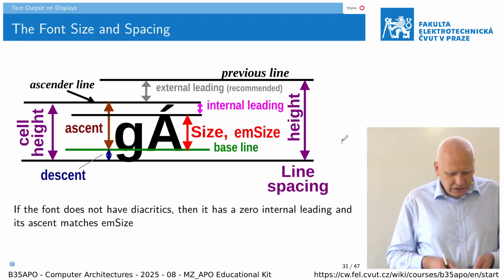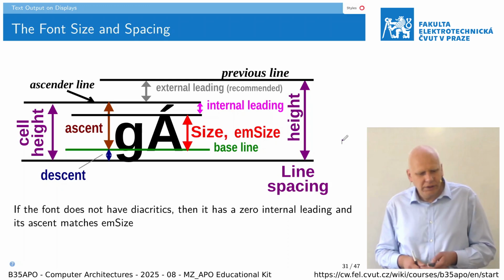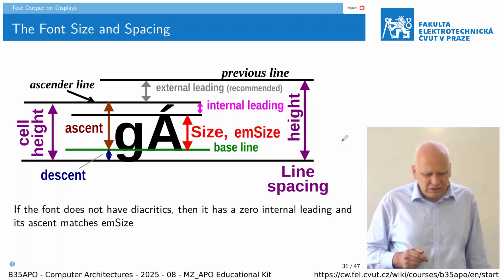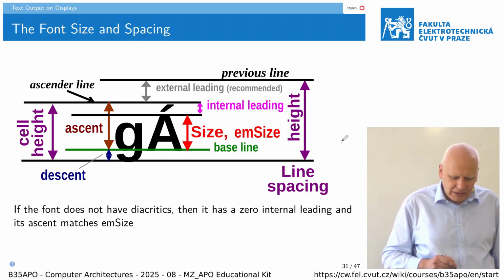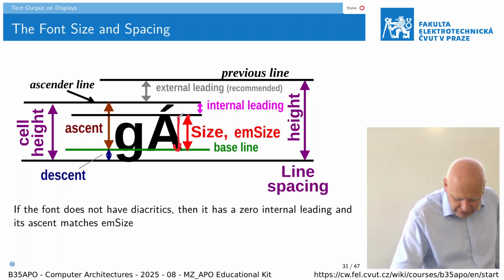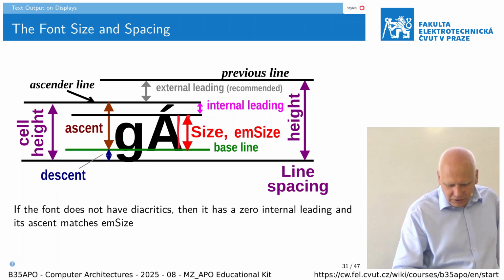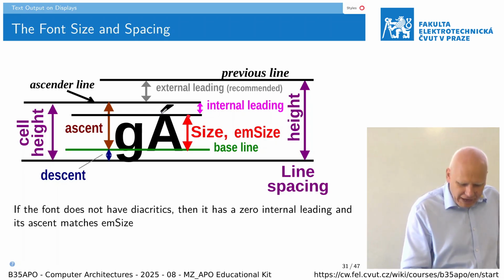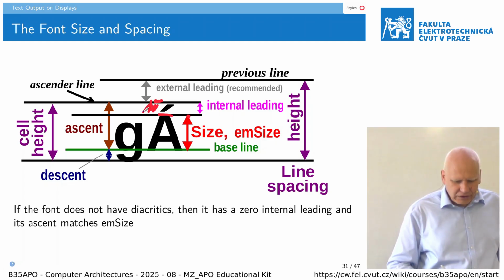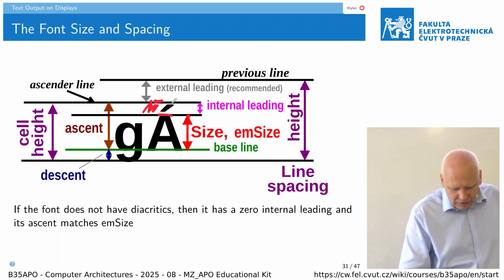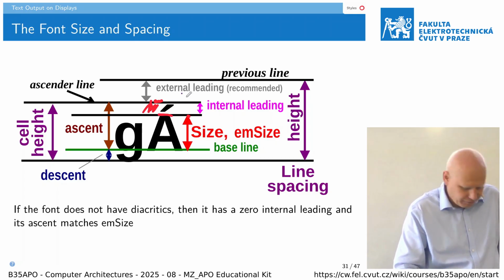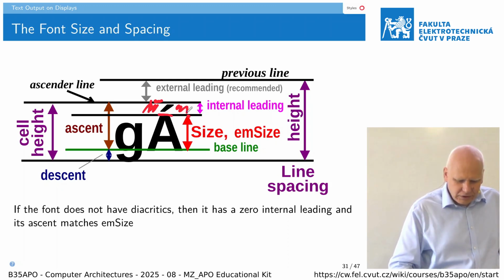Now we look at the text output on the display. So if you have some font, then we need to define at least some basic properties. So basically, you have some size, which you know if you select the size in some pixels of the font. But above this size, there is a space for the accent marks and other such parts of the letter.